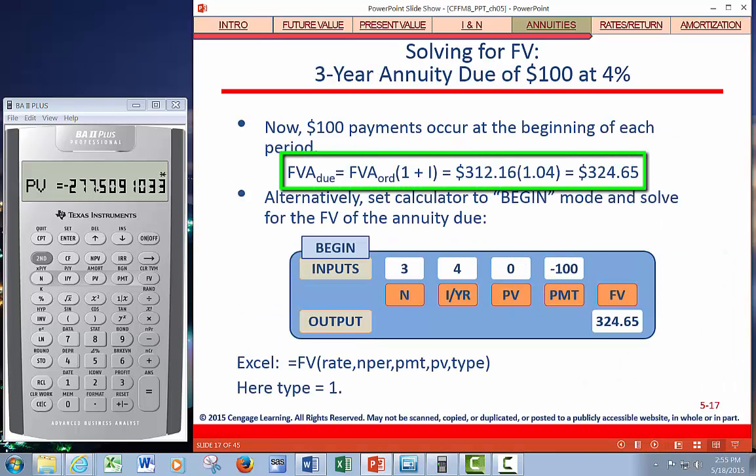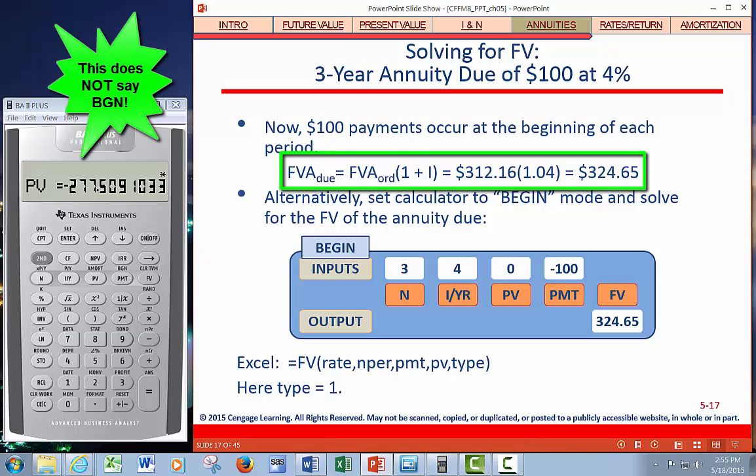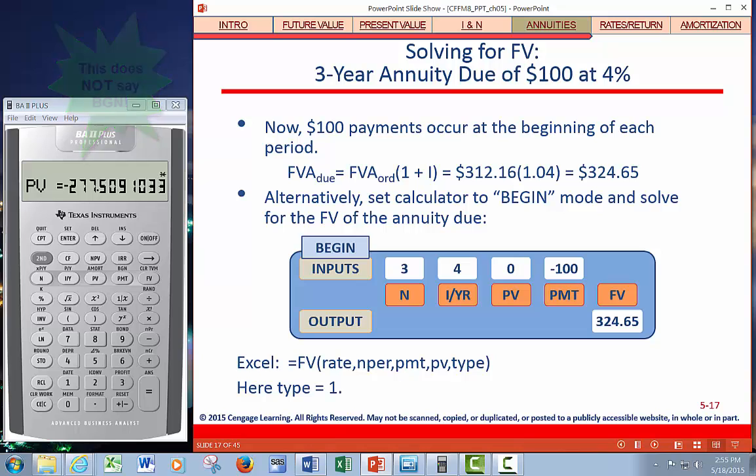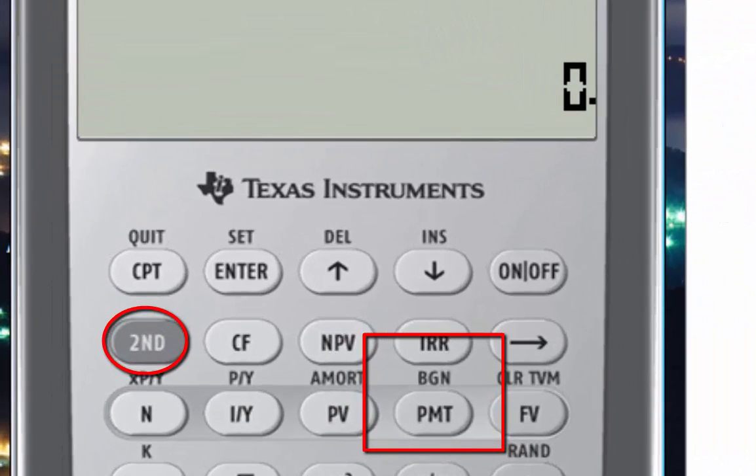Here's the equation solution and calculator solution to solve for the future value of an annuity due. Now we need to make sure that your calculator is in begin mode, BGN, by checking the display screen and changing it if necessary. If it does not say BGN in the display screen, then you must hit the second button and then the payment key, which says BGN above it.